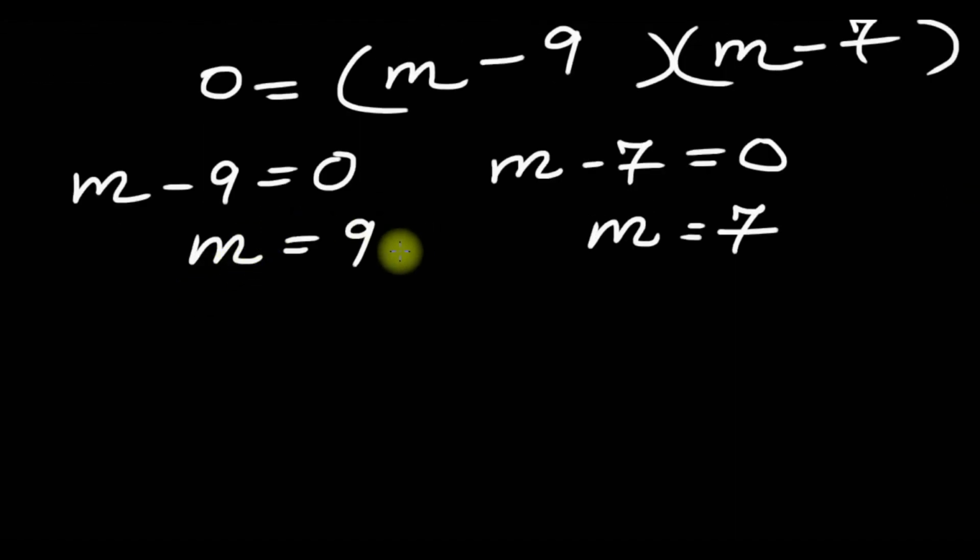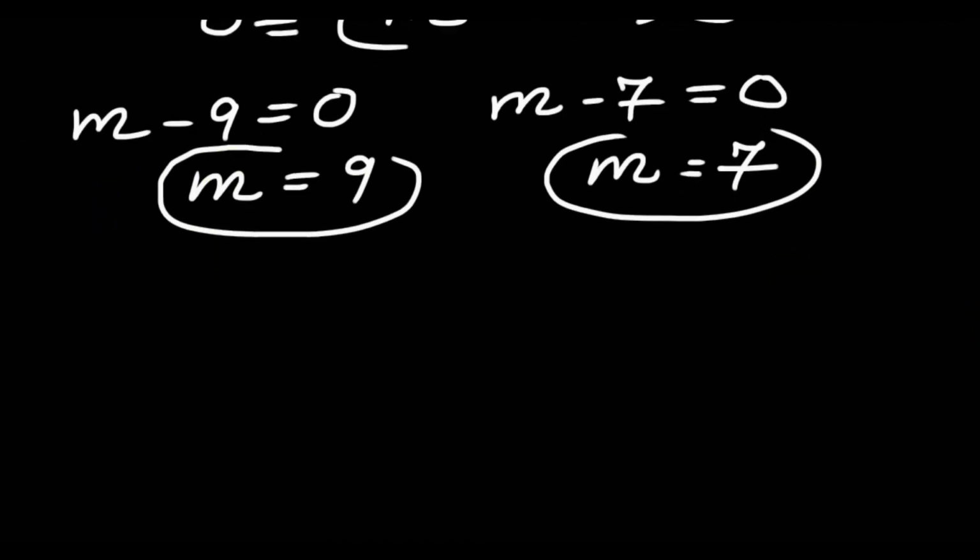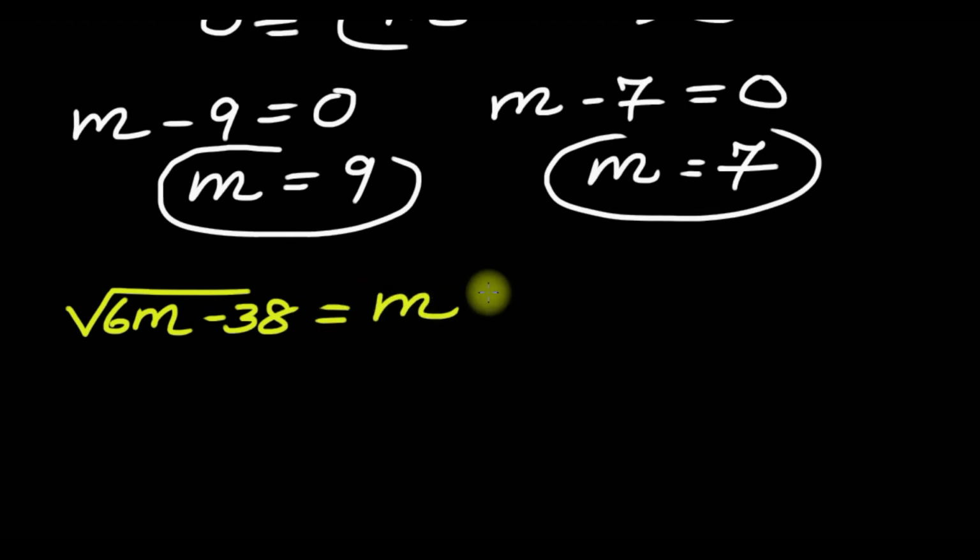And I have to check to make sure these are not extraneous solutions. I'm going to plug those numbers back into the original equation. So the original equation is square root of 6m minus 38 equals m minus 5.